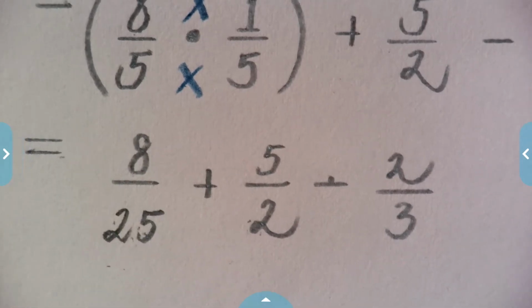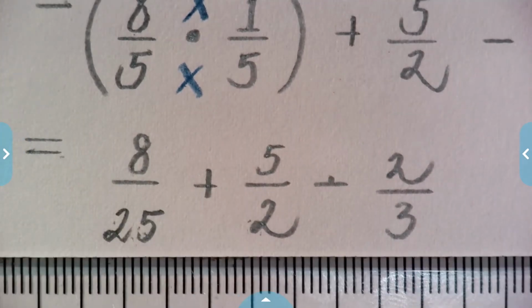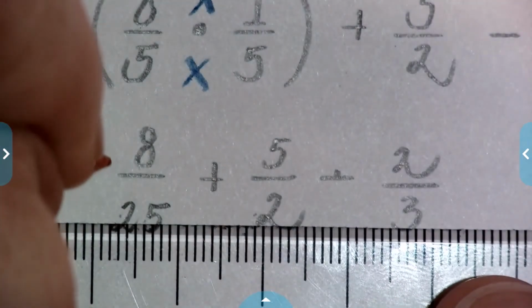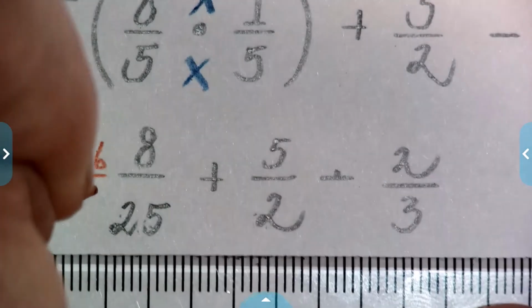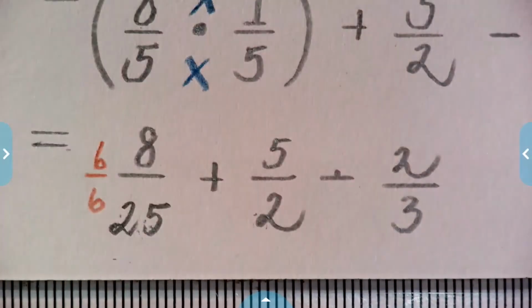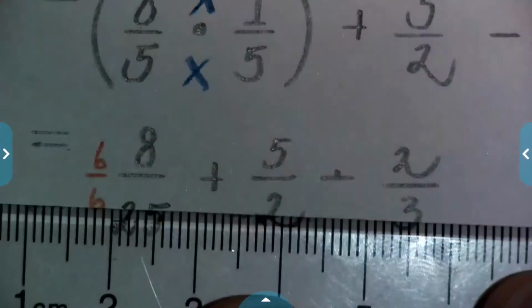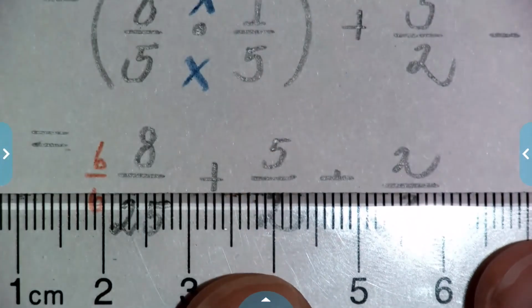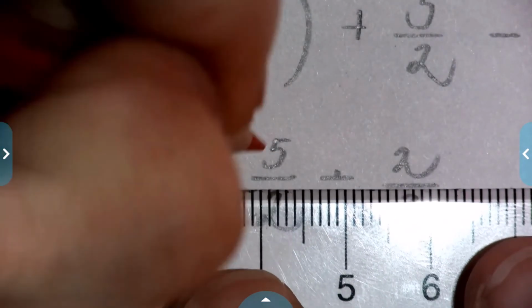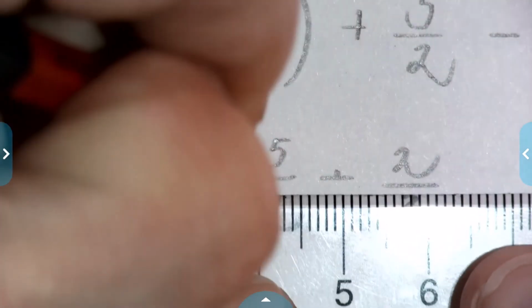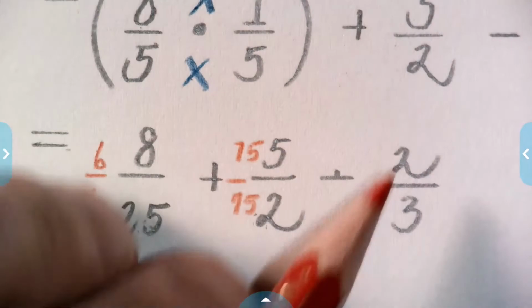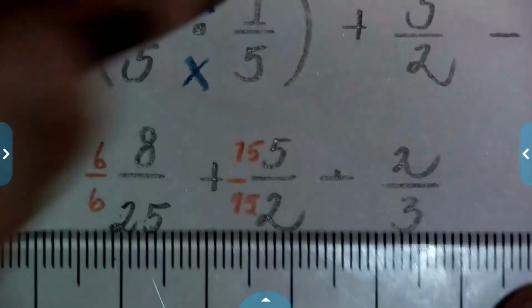All right, so what I'm going to do is I'm going to multiply 8 25ths by 6 over 6. I'm going to multiply 5 over 2 by, what am I trying to find here? 75 75ths. So let's see, how am I going to fit that in here? 75 over 75. And then I'm going to multiply 2 over 3 by 50 50ths.